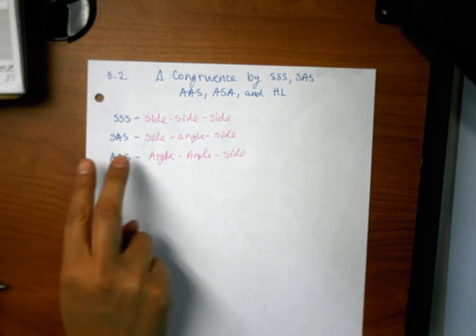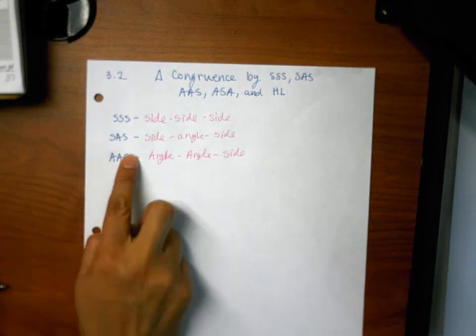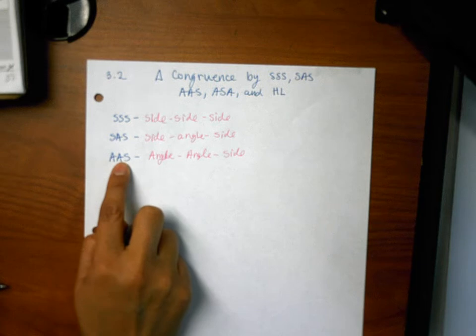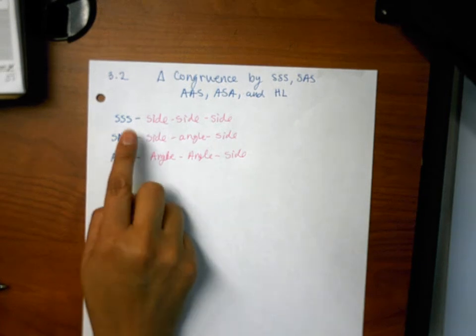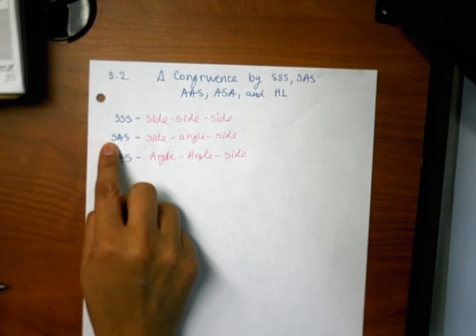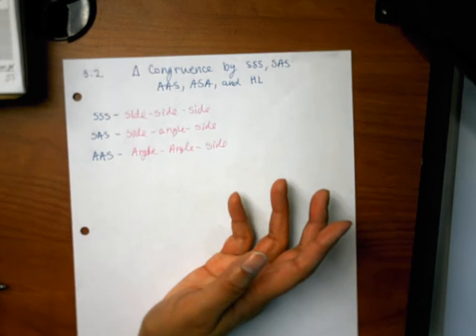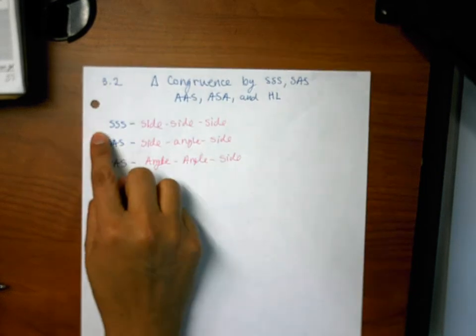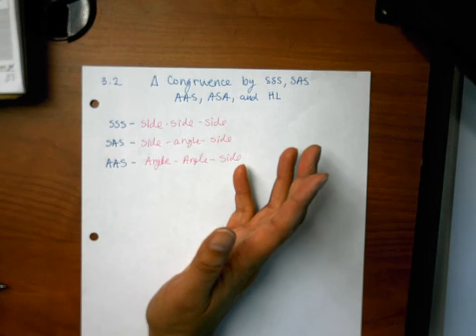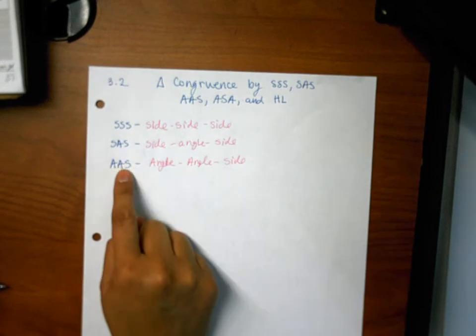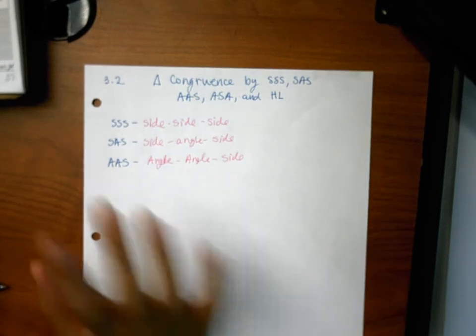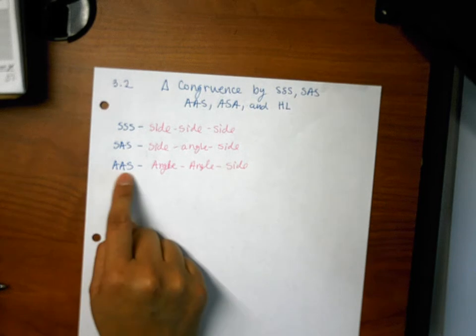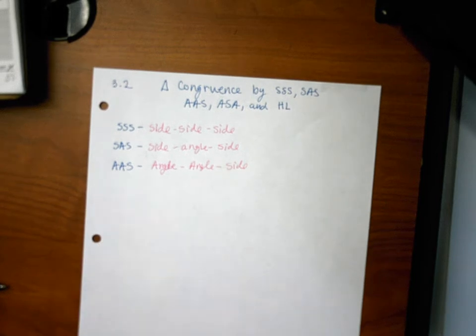If you put the S in front of the A and said side, angle, angle, it's the same thing. If you read SAS backwards, is it still SAS? Same thing with side, side, side. This one is so far the only tricky one where you can read forwards or backwards. It means the same thing, but typically angle, angle, side is how we will say it.